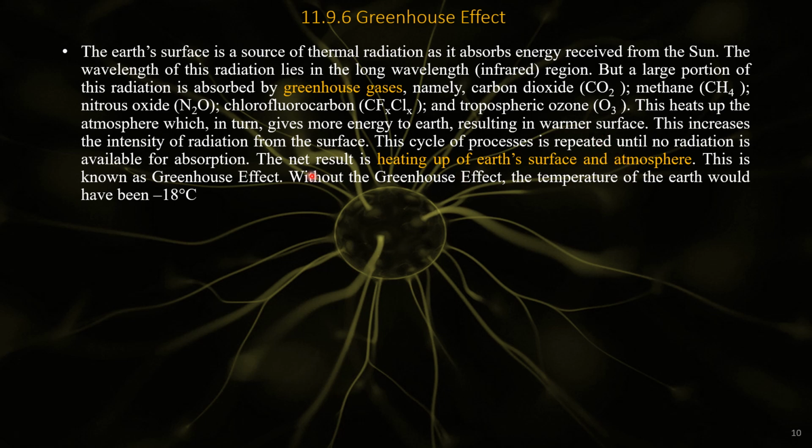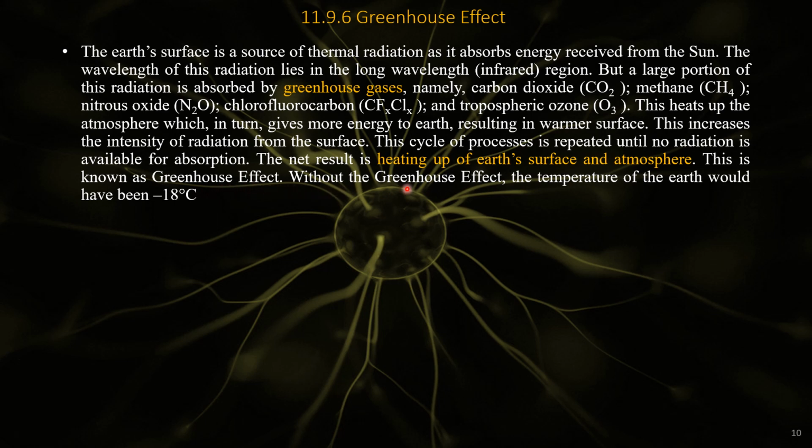This increases the intensity of radiation from the surface. This cycle of process is repeated until no radiation is available for absorption. The net result due to these gases is heating up of Earth's surface and atmosphere. This is known as the greenhouse effect.